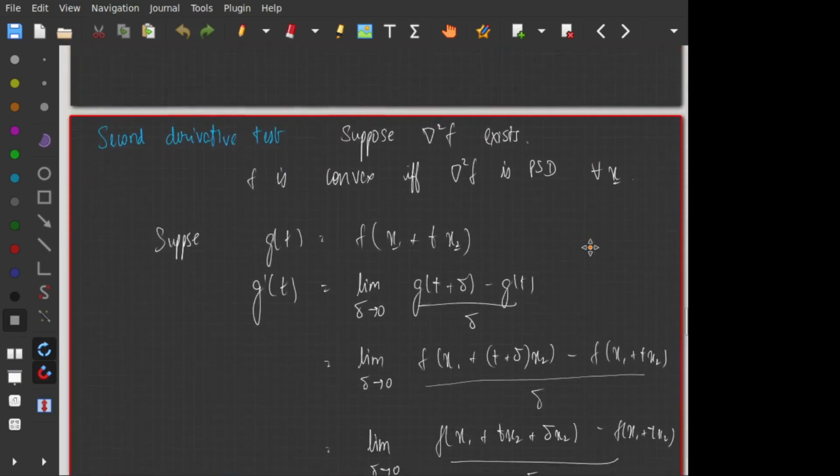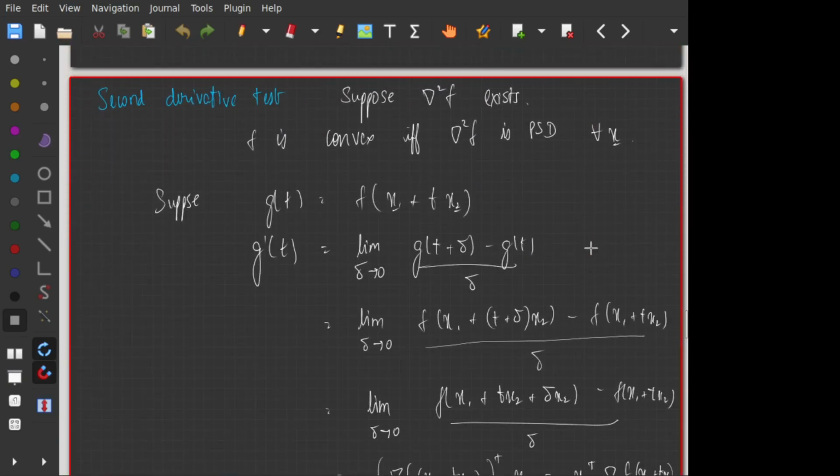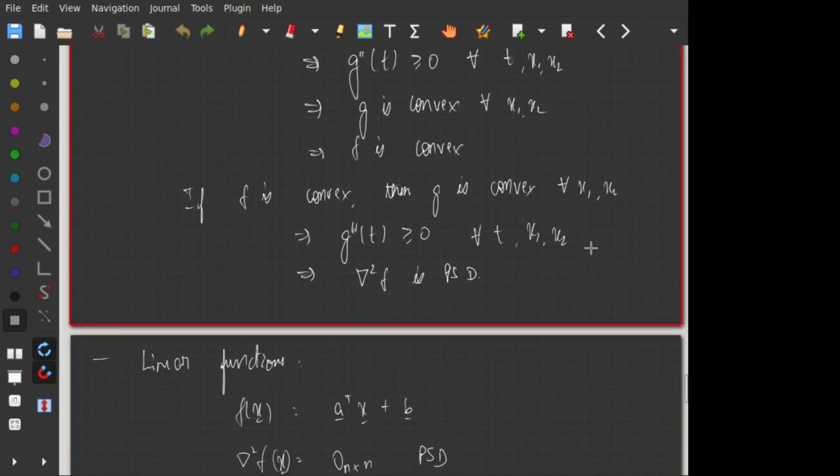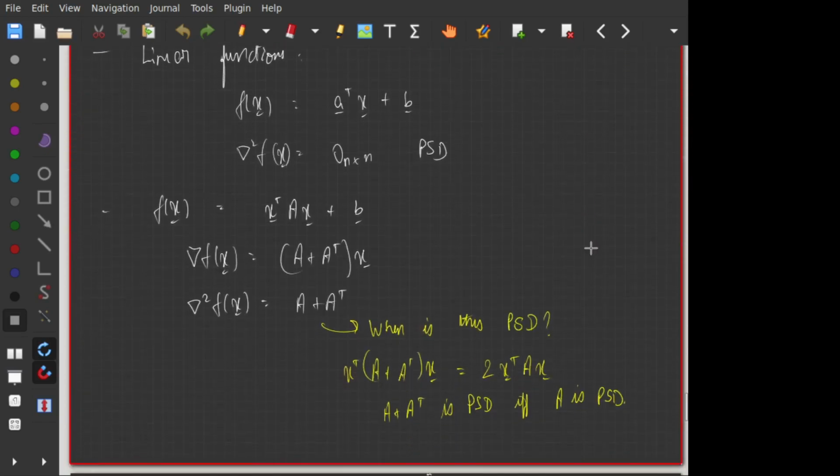And then we saw the second derivative test, which said that if the second derivative also exists, then this must be positive semi-definite. So in other words, the Hessian matrix should be positive semi-definite for all points. And basically, we looked at proofs for these. We saw a few examples.